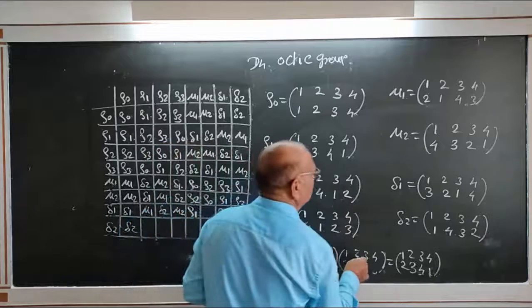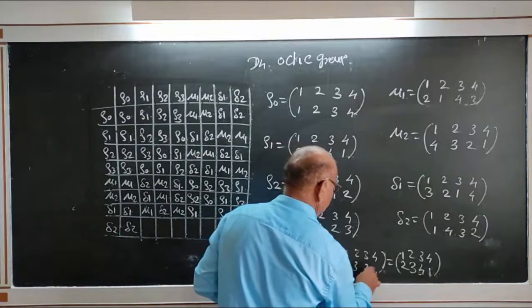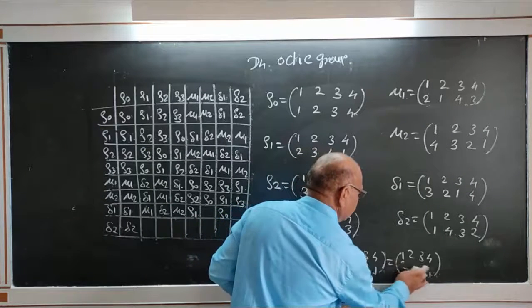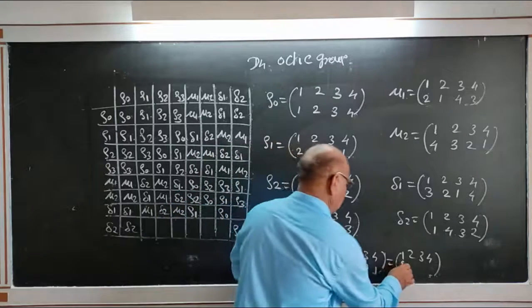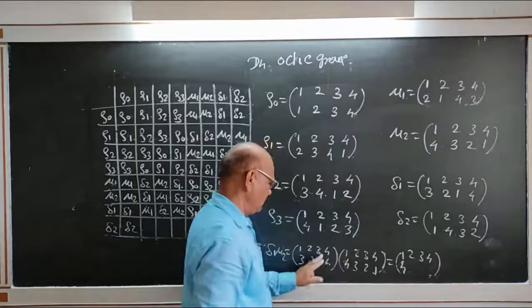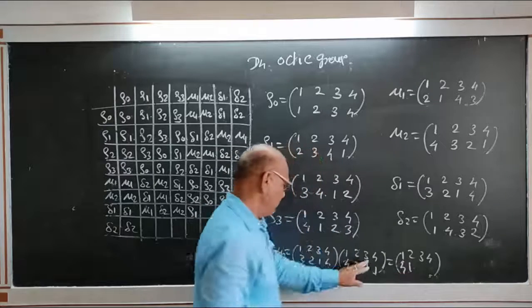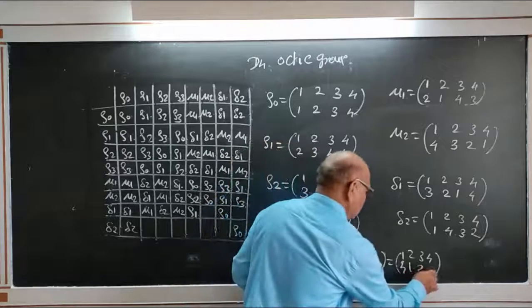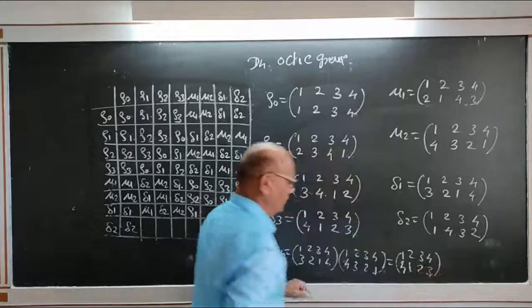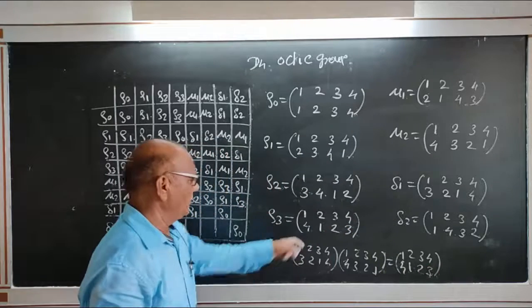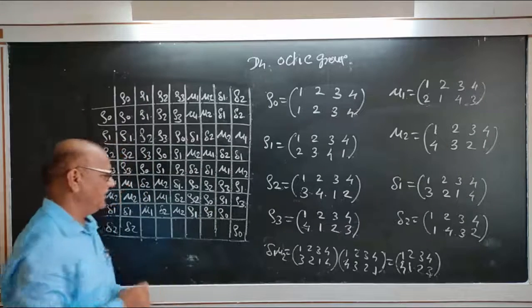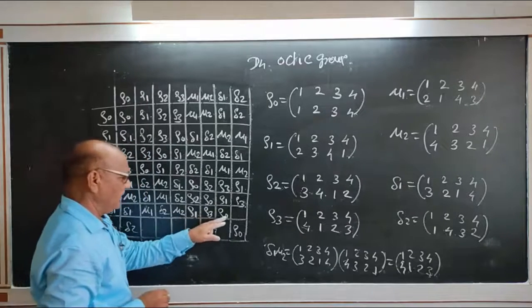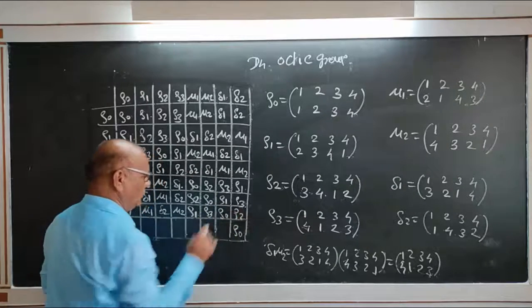Mu 2 is 4, 3, 2, 1. 1 goes to 4, 4 goes to 4. Here 2 goes to 3, 3 goes to 1. 3 goes to 2, 2 goes to 2. And here 3. 4, 1, 2, 3. Here row 3. Row 1, row 3, row 0, here row 2.